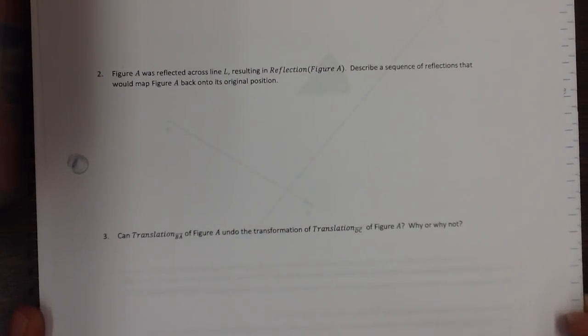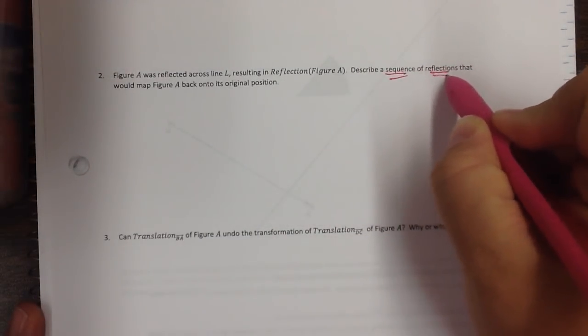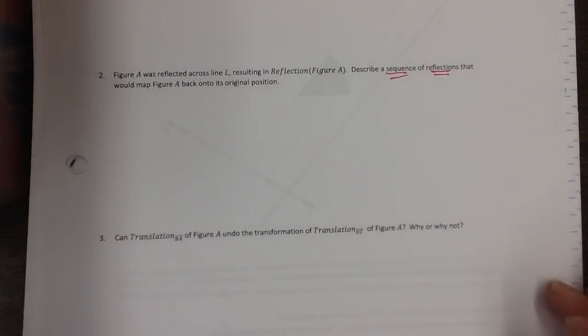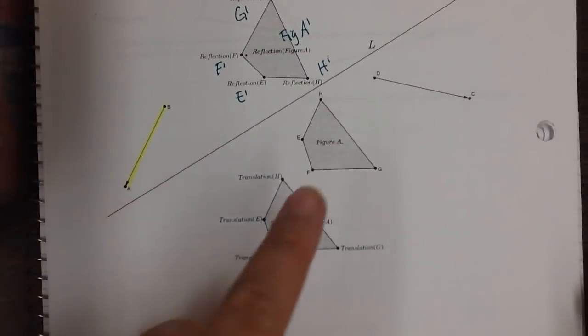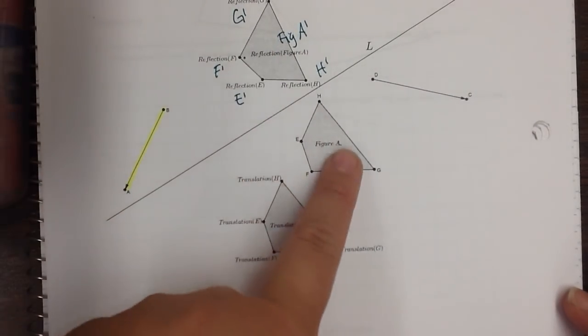Figure A was reflected across line L, resulting in the reflection of figure A. Describe a sequence of reflections, so now we're talking about a sequence, and we're talking about reflections, that would map figure A back to its original position. So we're going to go from here to here, and then back again. Okay?